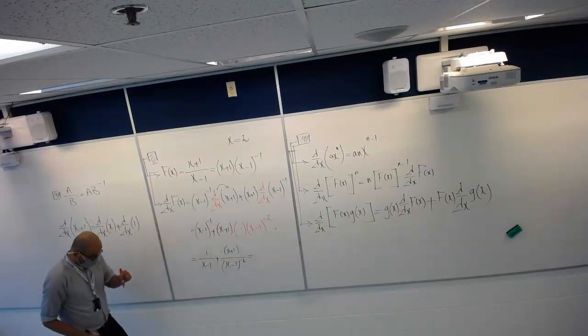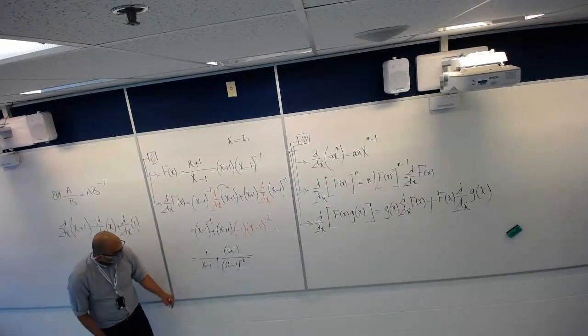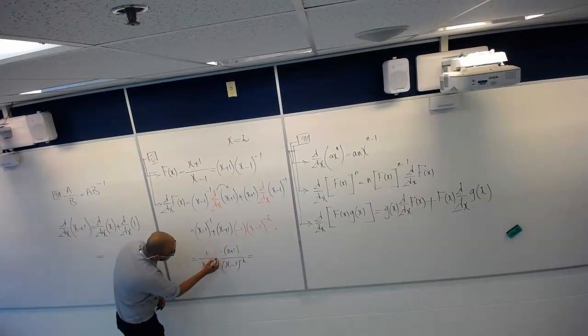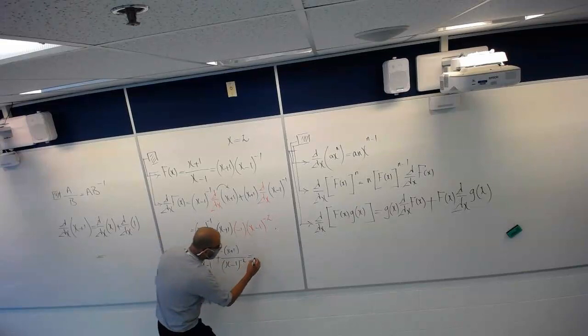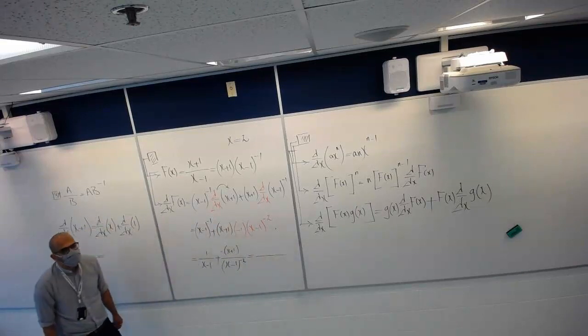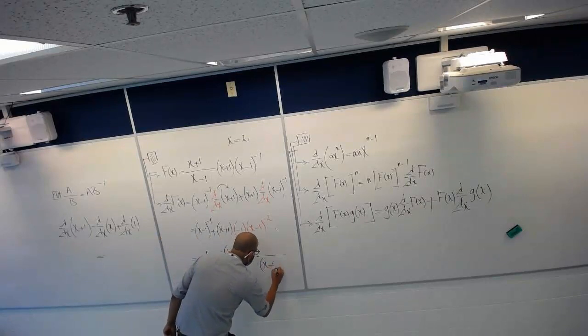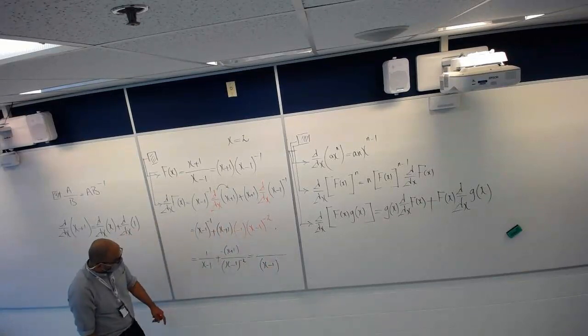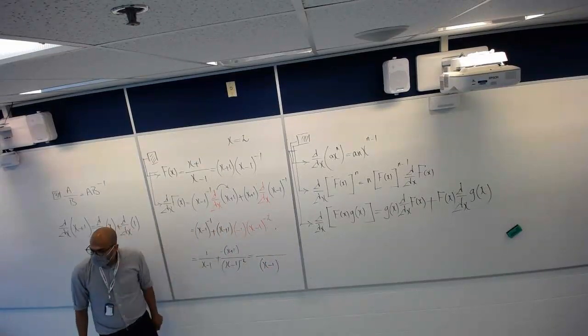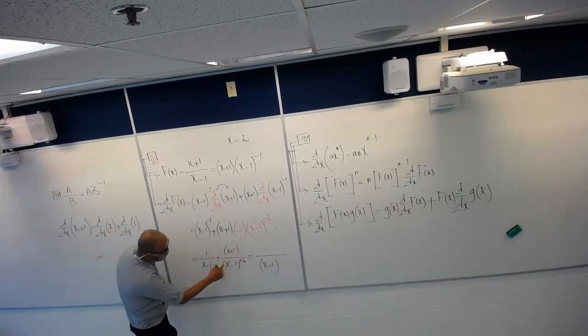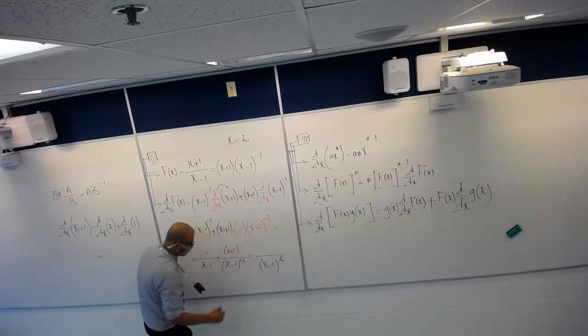Then as a result, if you just want to add these two terms, you see that the common denominator is how much? x minus 1, but also, look at this, it should be positive, to the power 2.